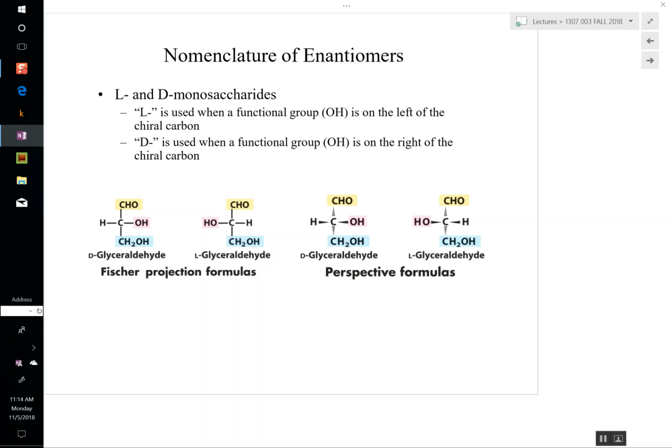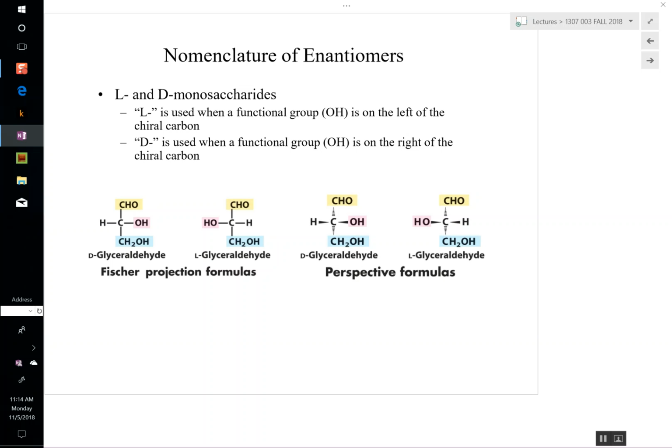Is that a chirocarbon? No, it only has 3 things on it. 1, 2, 3. So this is not a chirocarbon. So the only chirocarbon for glyceraldehyde is the middle carbon. Everybody with me? I'm trying to go one step at a time, but stick with me. That's the only chirocarbon.